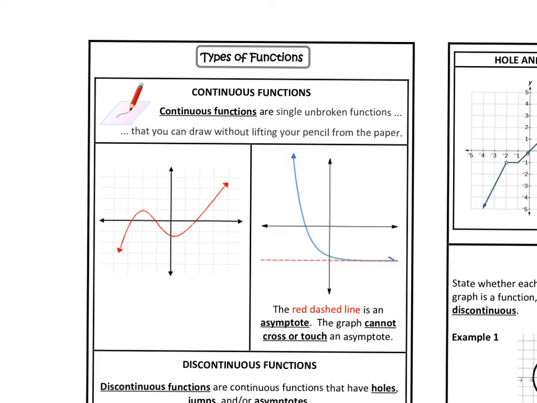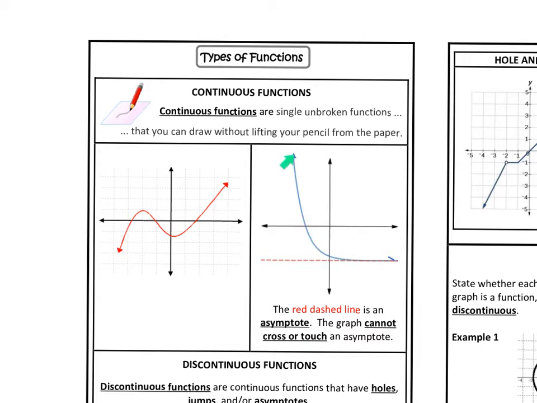We're going to learn a little bit more about that as we continue in the class, if you haven't heard about it before. An asymptote is the part of the graph that cannot be crossed or touched. So this red dashed line is a boundary that doesn't allow the blue graph to pass.